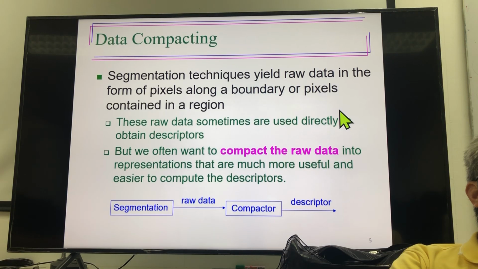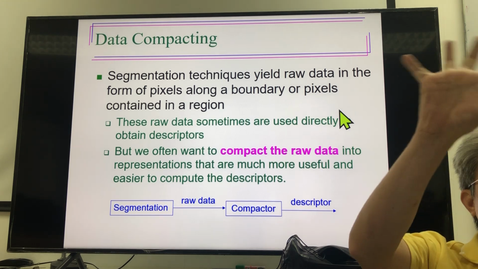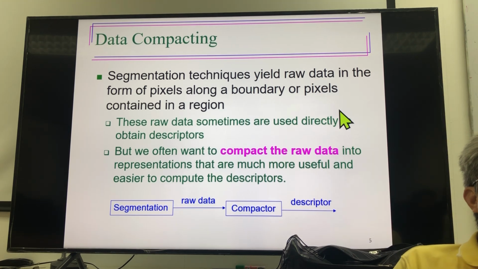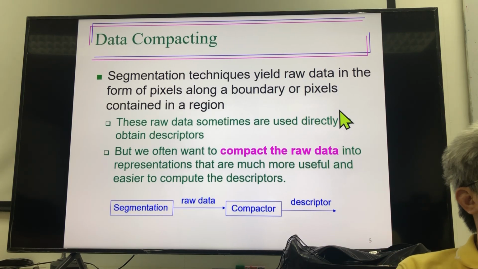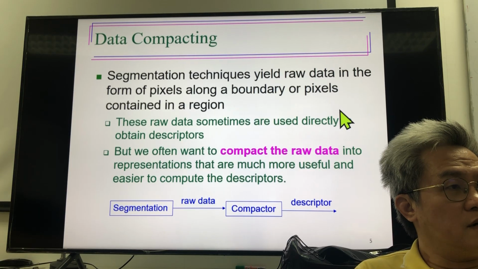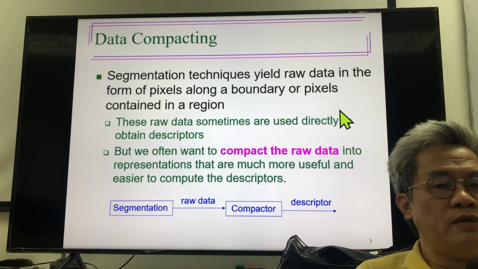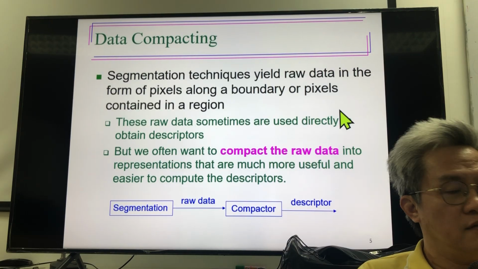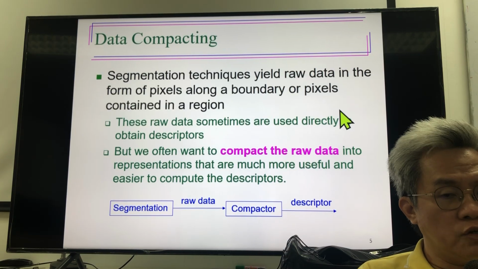So after segmentation, you can get raw data. You have objects, and now you want to represent the objects by more concise data. These raw data sometimes can be used directly or to obtain the descriptor. However, most of the time it's not, because there might be too much redundancy in the information. That's why we need something more compact and simpler to manipulate.